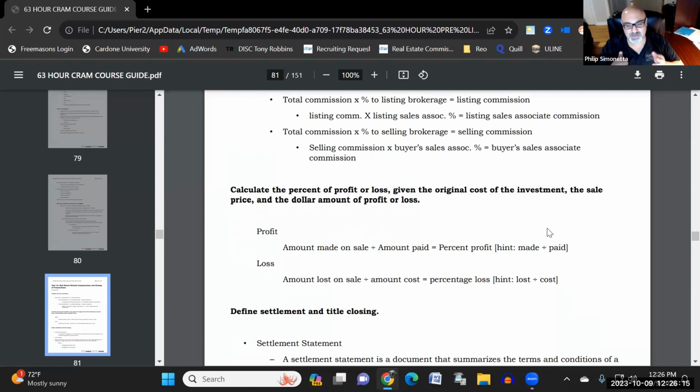So the hint is made divided by paid, right? And the loss is the amount lost on the sale divided by the amount cost on the sale equals the percentage of loss. And you can remember that by loss divided by cost. So if you're trying to find the percentage made, it's made divided by paid. If it's trying to find the percentage lost, it's loss divided by cost, right?